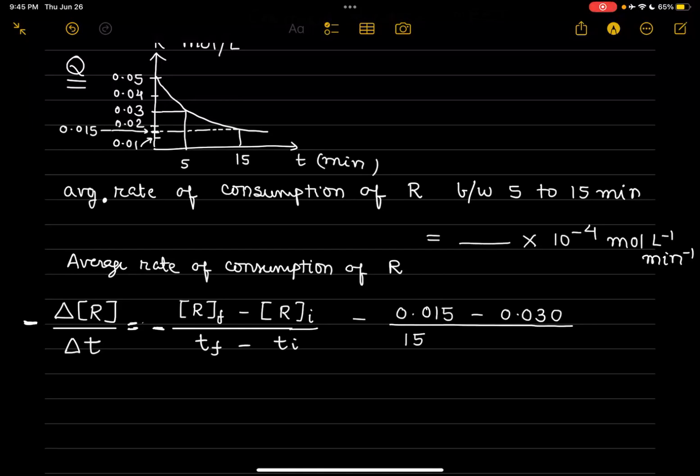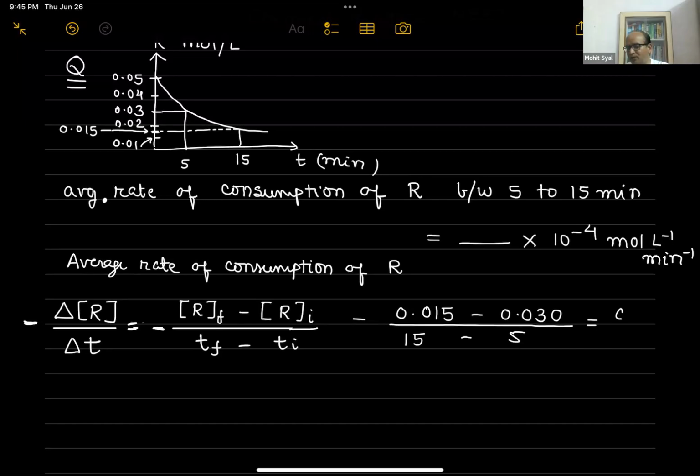Teacher: Exactly. The time is progressing, so it is final 15 minus initial. This is 0.015 only in the numerator because you have 0.030 minus 0.015. So 30 minus 15 is 15 only, but you need to be careful about the decimals. Got it? By 10.